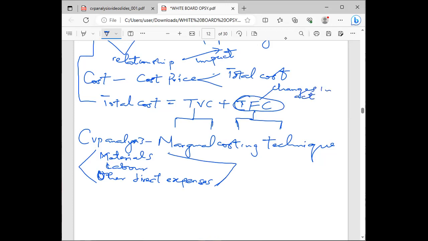When I say changes in level of activity, I mean changes in activity such as volume of production or volume of sales. If you want to remember fixed costs, you can think of examples like rent.